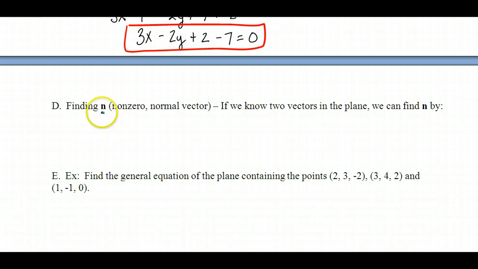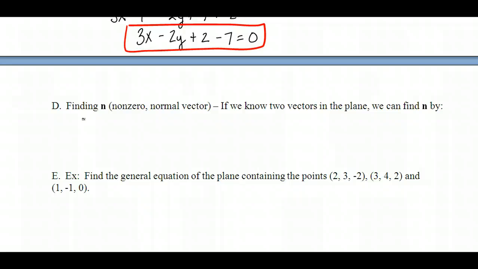If we have to find that normal vector, so finding n, what we did in the last section, 11.4, if we know two vectors in our plane, we can find a normal vector or a perpendicular vector by what we did in section 4, which if you remember is just our cross product.